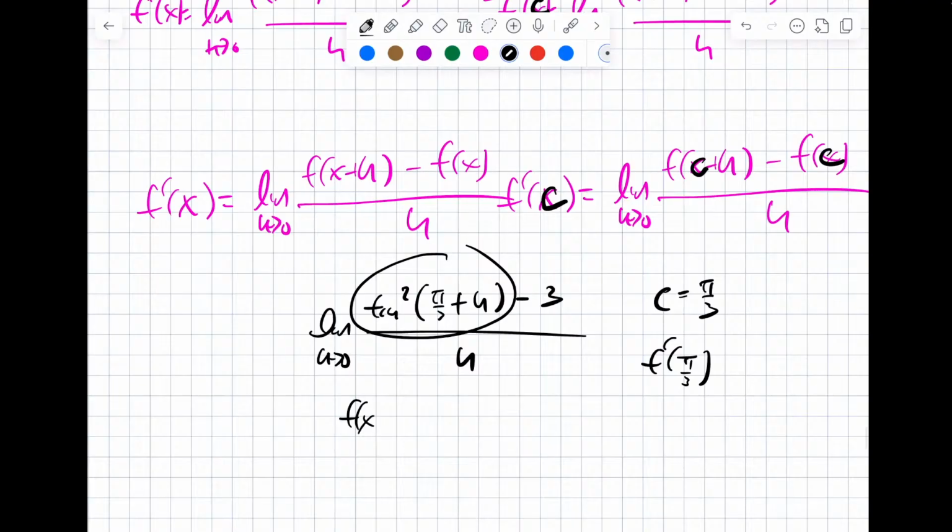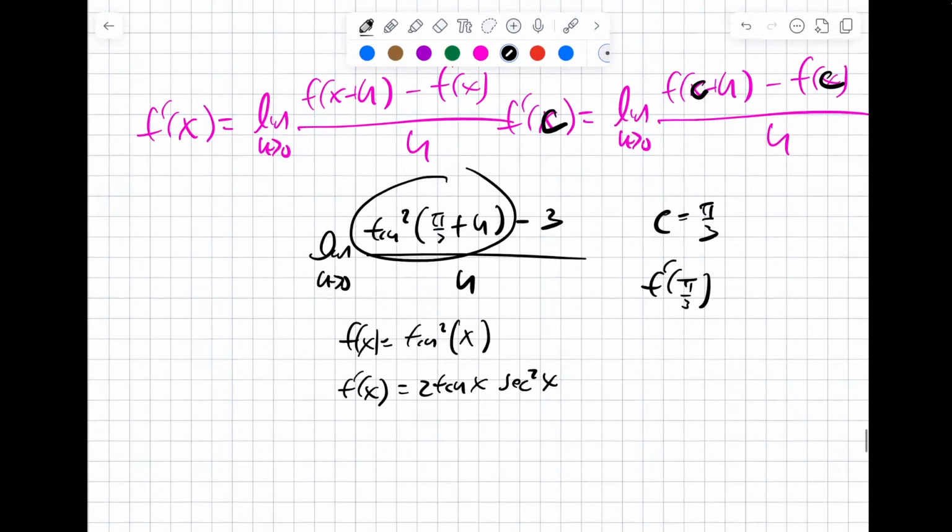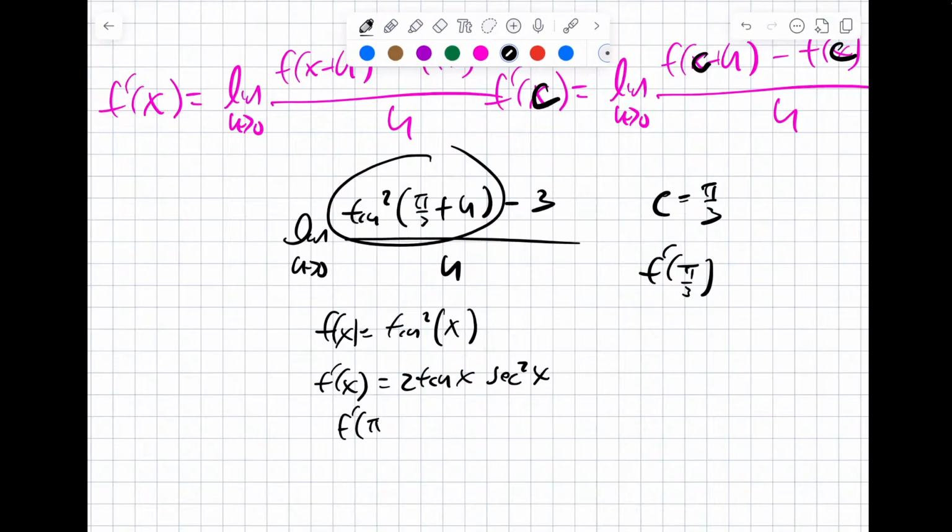So that means f of x equals tangent squared of x. Then take the derivative, which is the chain rule. So that's equal to 2 tangent of x times secant squared of x. Hopefully everybody understands that. It's the chain rule. So that'd be 2 times square root 3 times 4, so that'd be 8 square root 3.